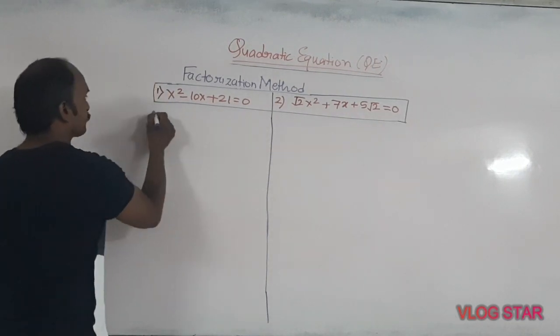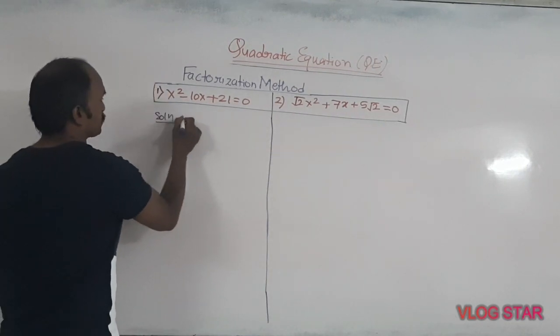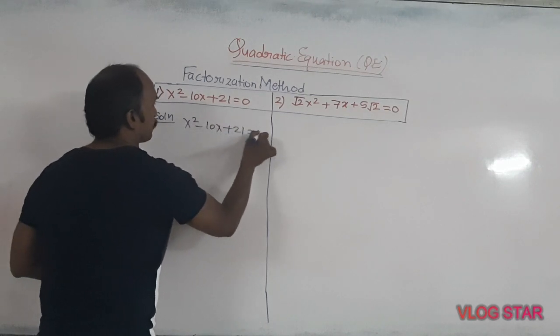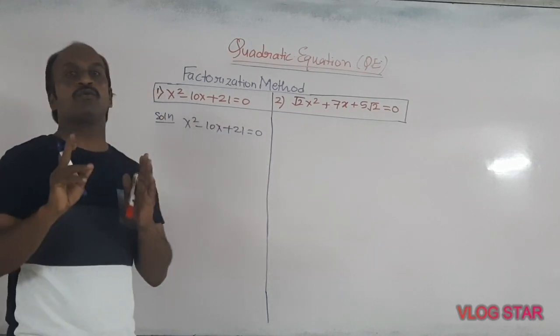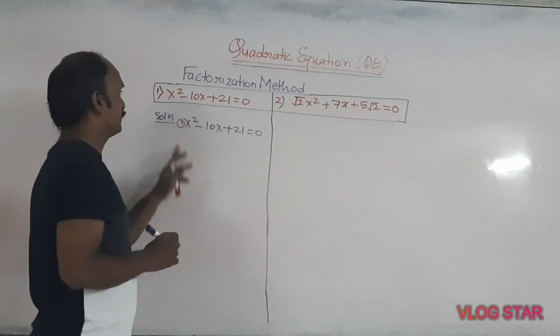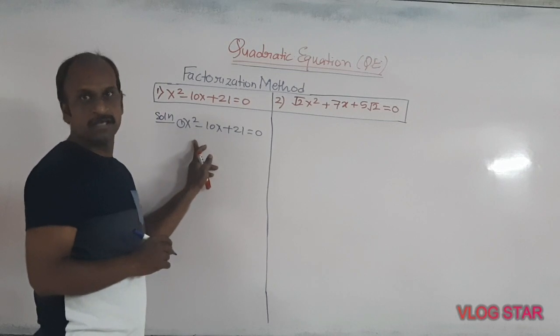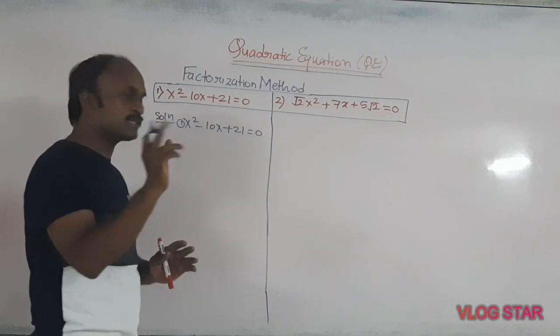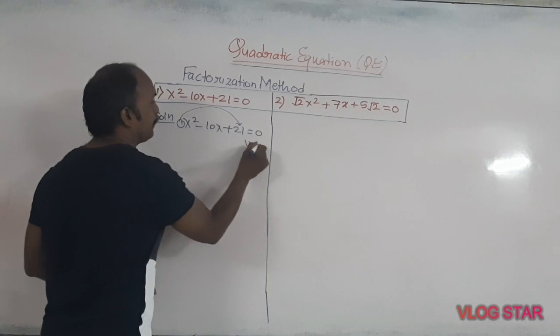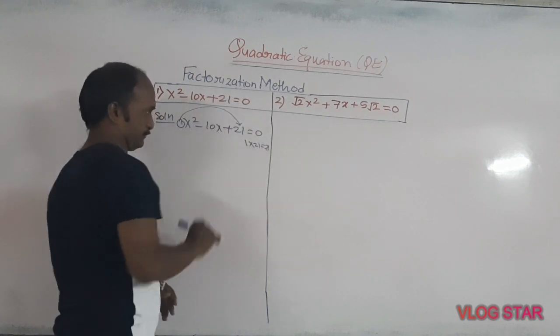So let's see this. The solution of the first equation, x square minus 10x plus 21 is equal to 0. What you have to look at first, what is the number present here with the x square? If nothing is there, it means 1 is there. So you multiply this 1 into 21, we will get 21.